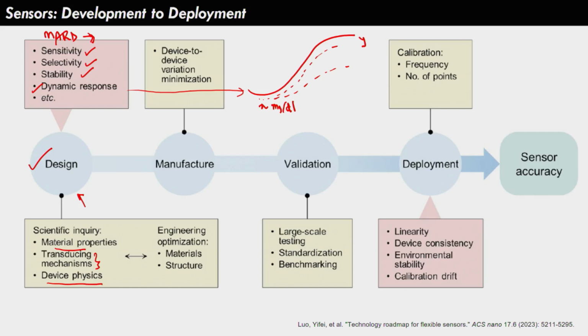Now once the design phase is complete, we move to manufacture. This design phase is very important, because all the subsequent steps are in a way implemented in the design phase. Whenever we are designing a sensor, if we want to take it to market, then we want to have a process which is scalable.